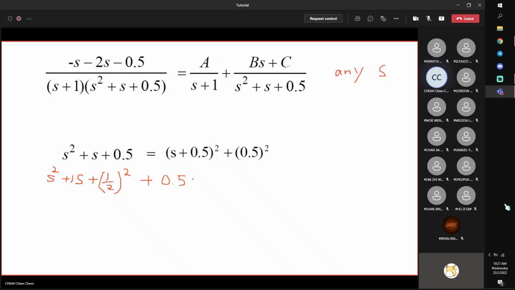If I add this, I must minus this. Then it is still the same equation, correct? Why I add this is because it can be put into this form: s plus half, squared. 0.5 minus 0.5 squared is 0.25. 0.25 is 0.5 squared.